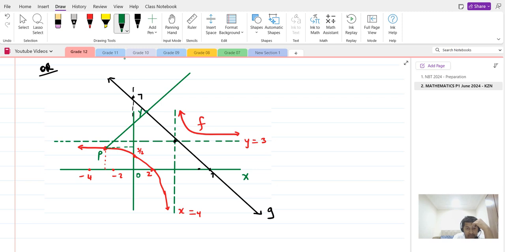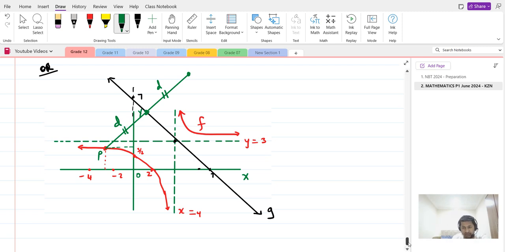That point there is important. If we can get this point, we know that the distances are the same. The distance from here to there will be equivalent to the distance from here to there. We know that the distance must be the same.